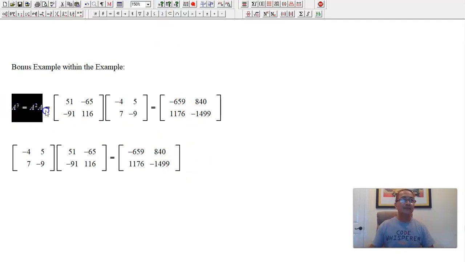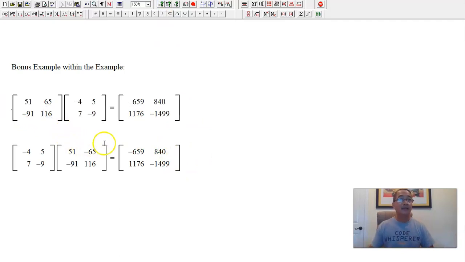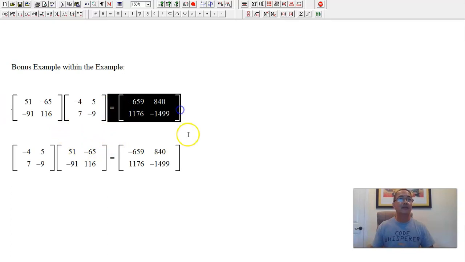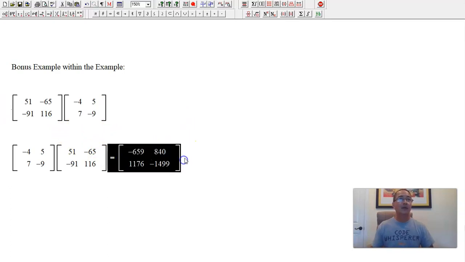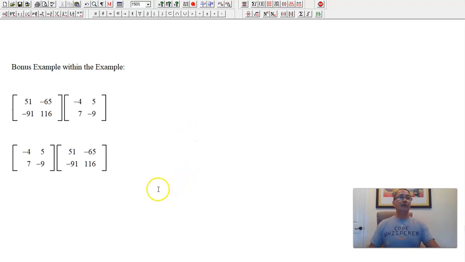So now what do I want to show? Matrices are extremely sensitive creatures. What would happen if we just change one number here ever so slightly? At 116, for example, let's make it 117.